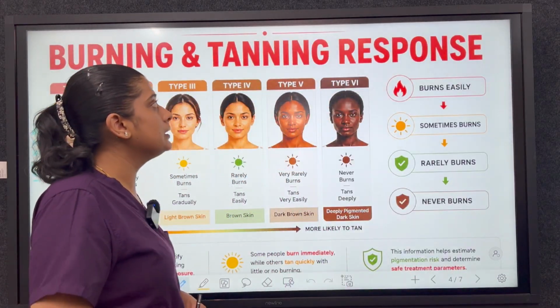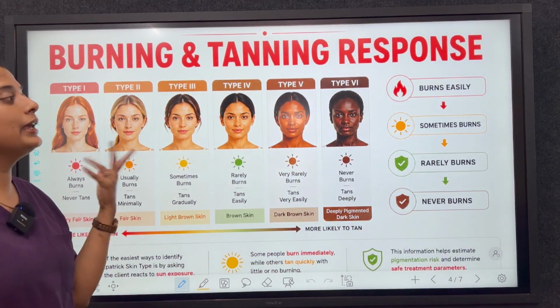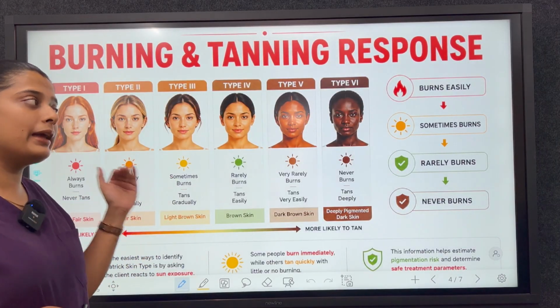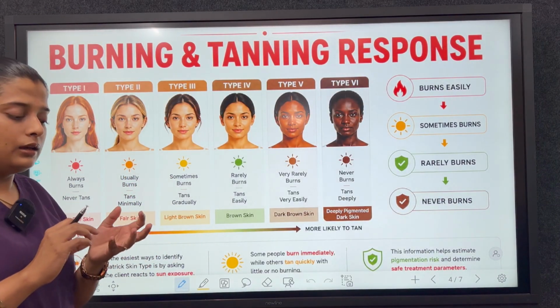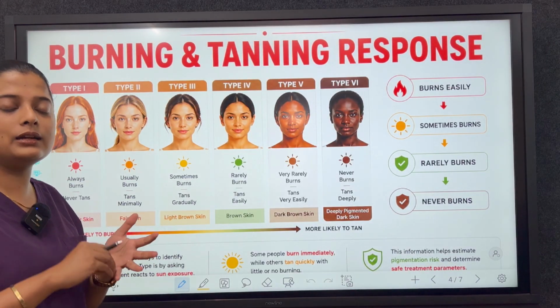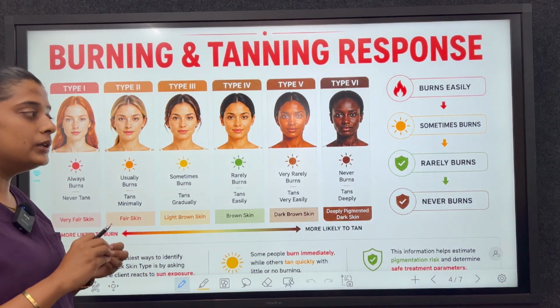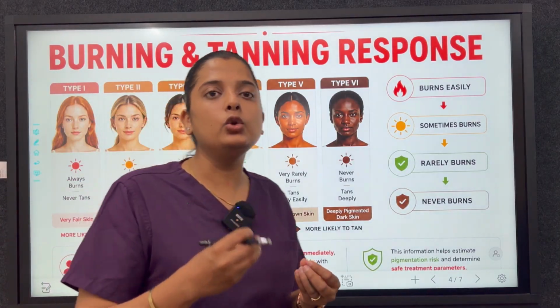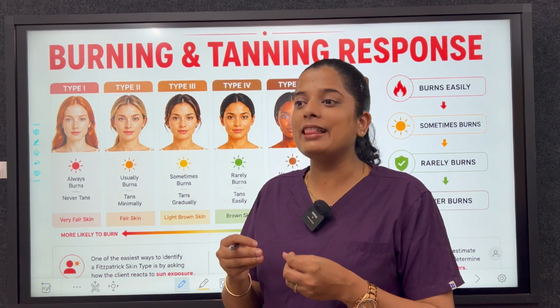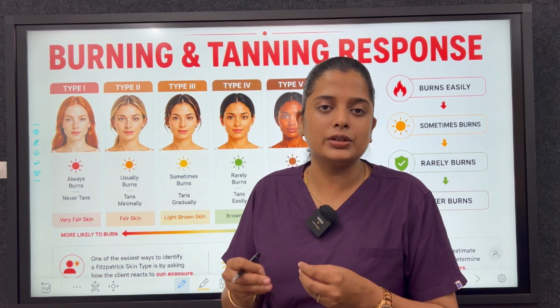Now similarly, when we are talking about burning and tanning responses, we discussed it in the first slide as well. Again, I'll just let you know. See, the kind of skin which burns easily, then tans easily, there are differences, okay. Burning happens when the UV tries to infiltrate inside the skin and there is no defense mechanism on the skin.